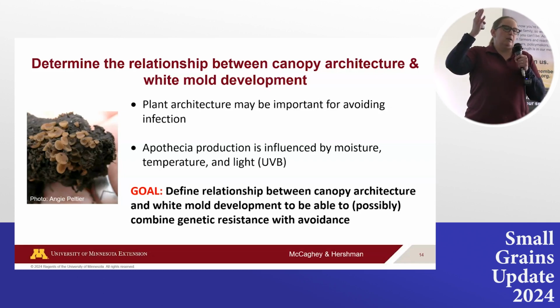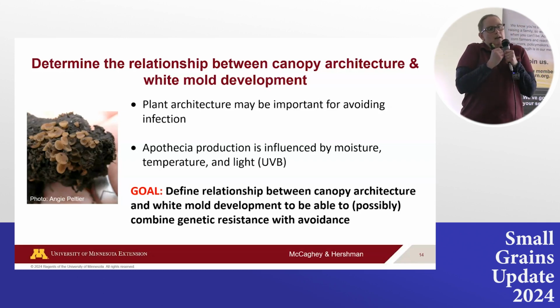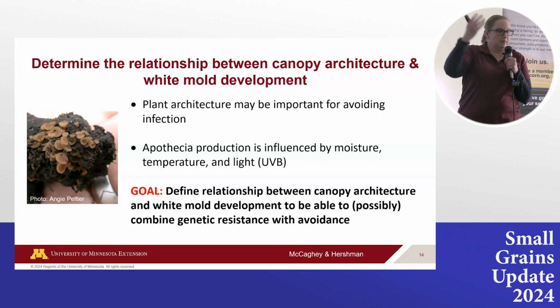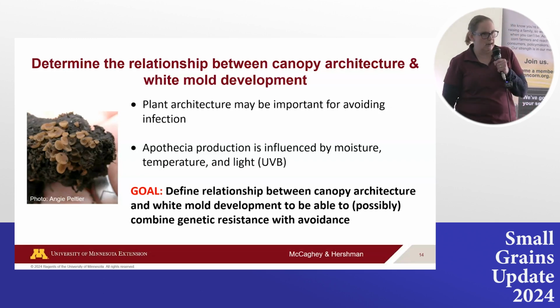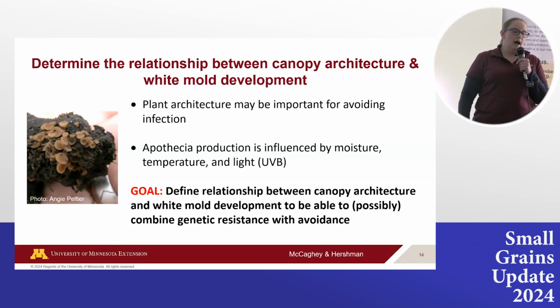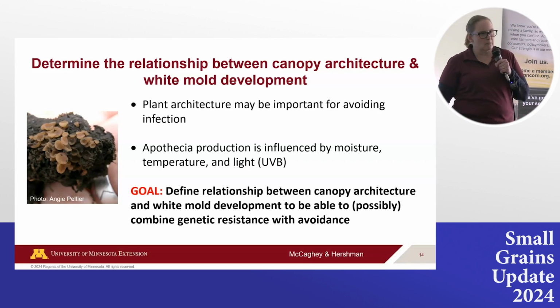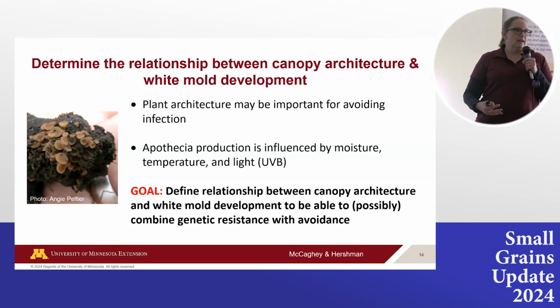So thinking about a soybean plant with a more upright architecture, the rows are going to be a little bit slower to close. There might be a little bit more light penetration down to the soil. You might end up with a little bit less of a humid environment under there. So it's thought that some of these plant architecture traits, if they're combined with actual resistance within the plant, can provide a better overall resistance.